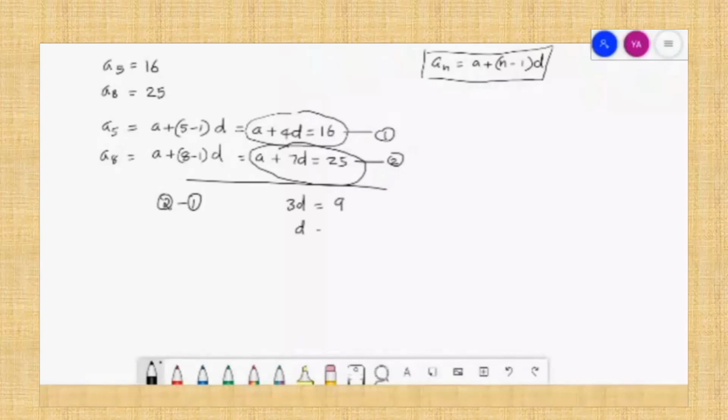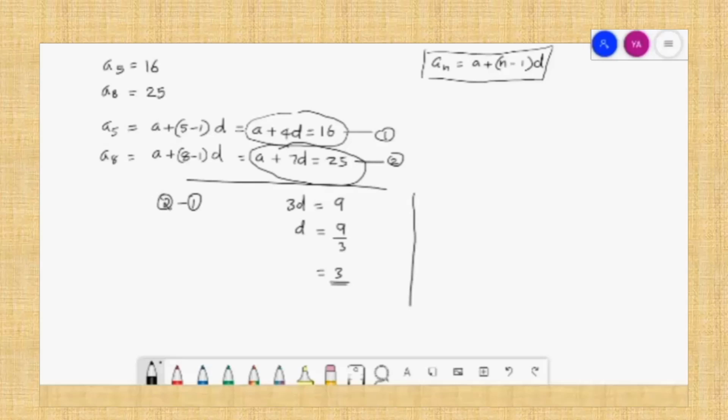So d = 9 by 3, which is 3. So we got the common difference. Now you know the next step when we solve a pair of equations: this value of d you substitute in either equation 1 or equation 2. I substitute d = 3 in equation number 1.